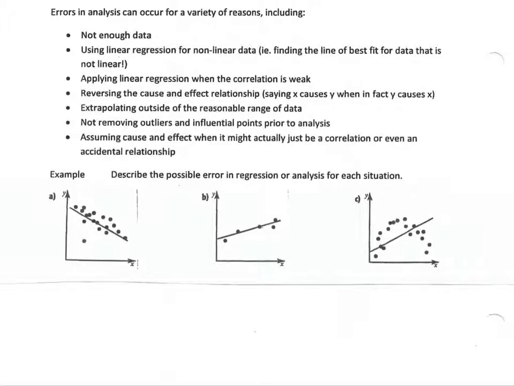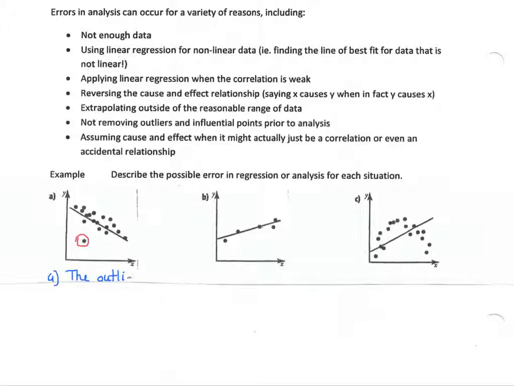So looking at the first graph, it appears as though when this line of best fit was drawn, this outlier was considered, because you can see that the line of best fit lies below most of the points in this data set. So before that line of best fit was drawn, the outlier should have been removed.